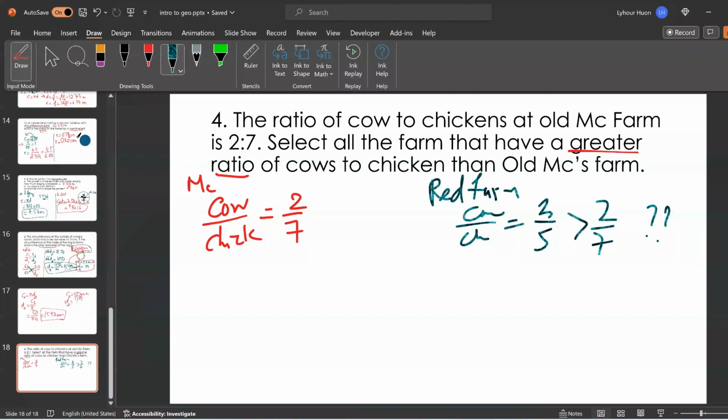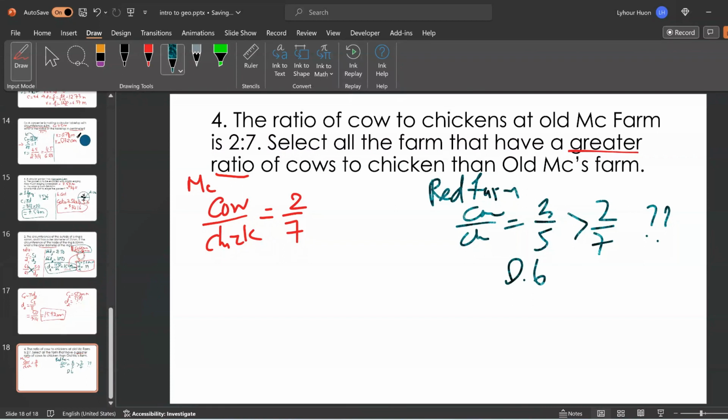For 3/5, we can divide 3 by 5, and using a calculator is easier. 3 divided by 5 is 0.6. How about 2/7?